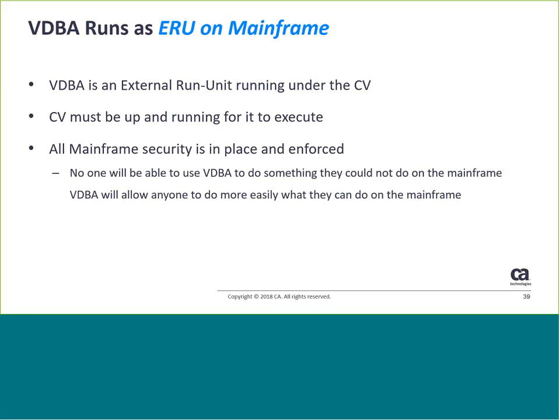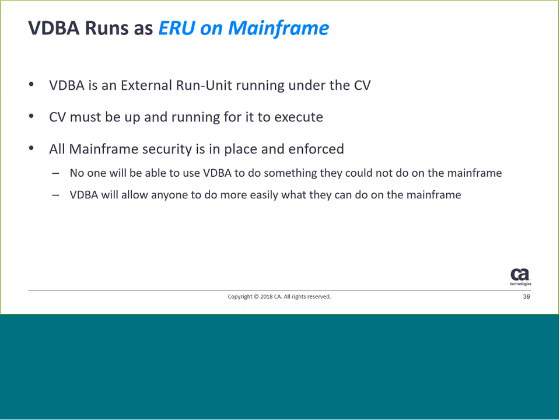So let's move forward to see, out of that wonderfully diverse and complex tree and all the different things you can access using Visual DBA, how to monitor that, so you're only allowing specific users to see particular parts of it. Visual DBA runs as an external run unit on the mainframe, which means any of the CVs that you want to access, that you saw us accessing earlier, must be up for Visual DBA to access them.